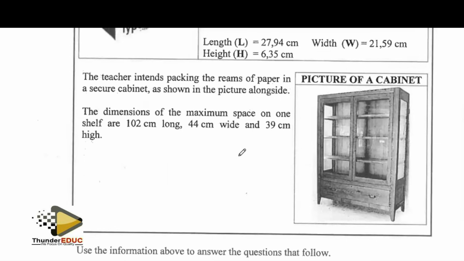One shelf of the cabinet. So what you're going to do, this is called packaging. You're going to look for how many reams will fit on the long side. So on the long side, we shall say it's the length of the shelf because it's big, divided by the length of the ream.